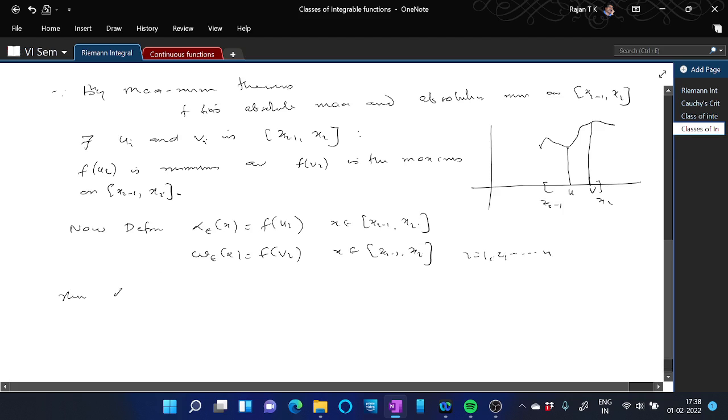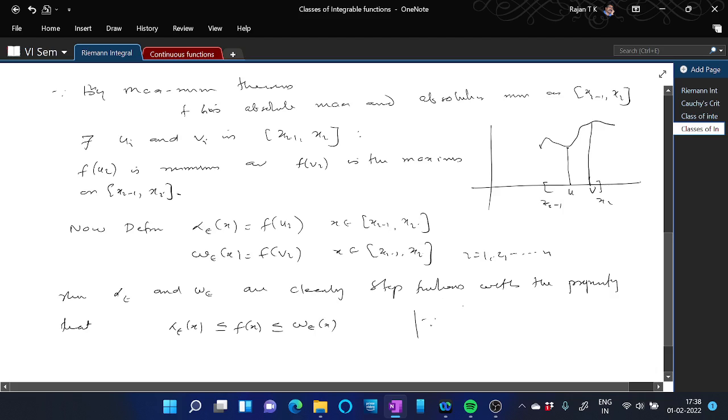Then alpha_epsilon and omega_epsilon are clearly step functions with the property that alpha_epsilon(x) is less than or equal to f(x) less than or equal to omega_epsilon(x), since for every x in (x_{i-1}, x_i), f(u_i) is less than or equal to f(x) is less than or equal to f(v_i) for all x in the interval (x_{i-1}, x_i).